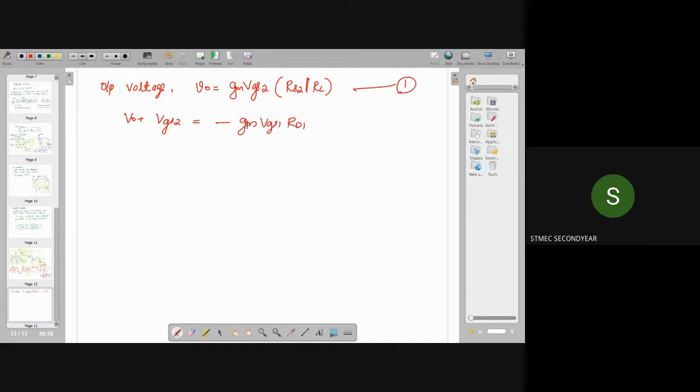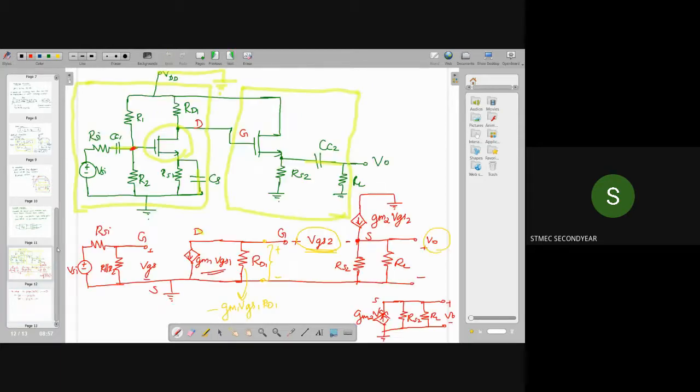Now from this equation, I can write VGS2 is equal to minus gm1 into VGS1 into RD1 minus V0. Now what is this VGS1? VGS1 means this one.